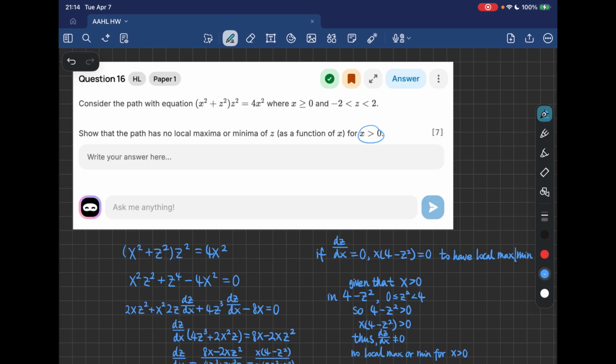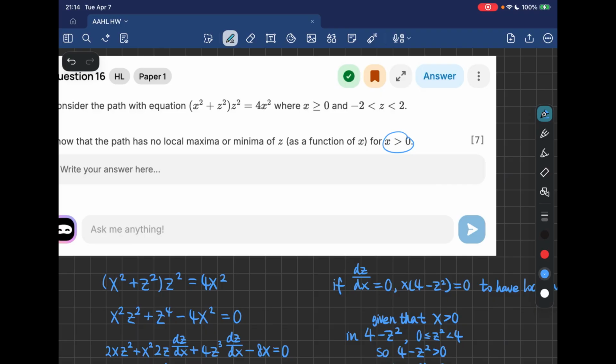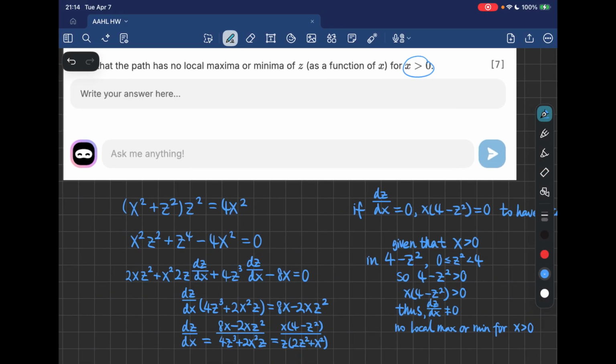So we want to show that dz over dx can be 0 for this case. So let's first write this equation as the expanded form and move this 4x squared to the left side to help us differentiate more easily.